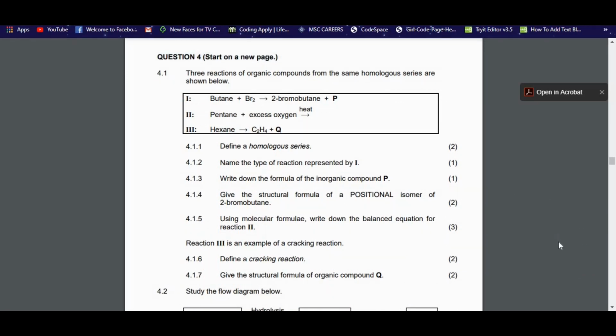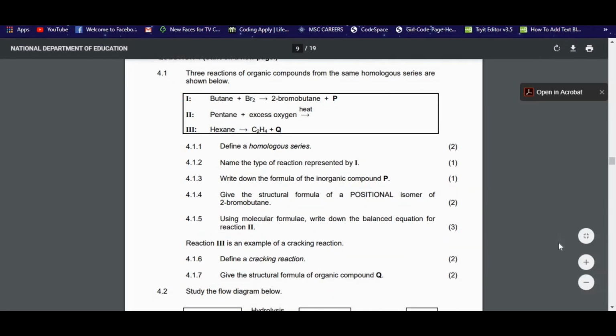It says that 3 reactions of organic compounds from the same homologous series are shown below. So they all belong to the same homologous series. Can anyone tell me which homologous series these organic compounds belong to? Is it alkane?